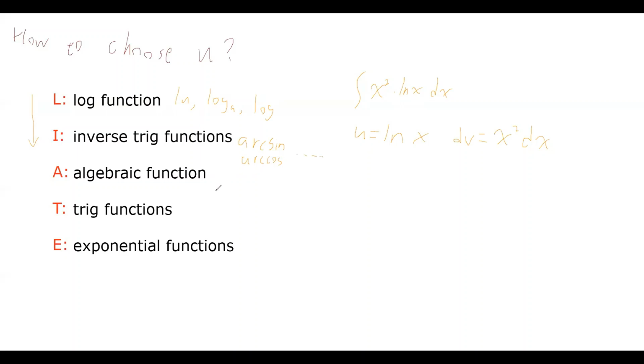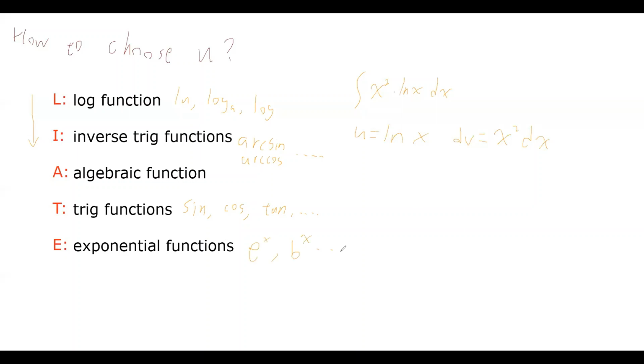Algebraic functions like polynomials, and quotients, fractions, all those types of things, rational functions, square roots, radicals. And trig functions: sine, cosine, tangent, and so on. And exponential functions: e to the x, some number to the x, and so on.